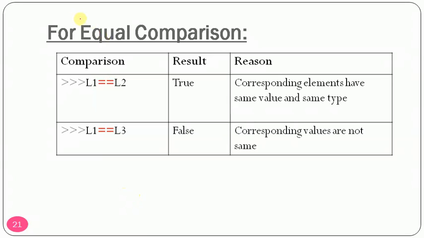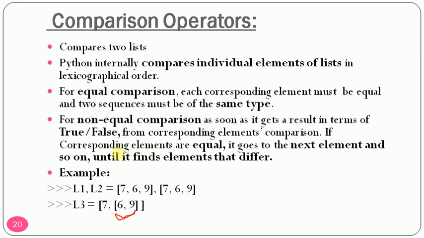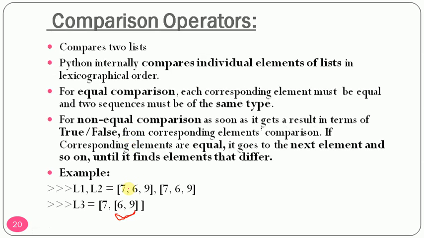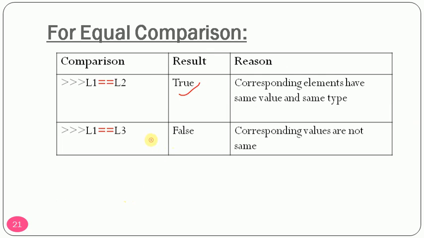Now let's have a look at the comparison operators. Equal comparison, L1 equal to L2. So we are checking element by element. L1 is 7, 6, 9, L2 is also 7, 6, 9. So when we compare these two, this will generate True. And when we compare L1 and L3, L1 is 7, 6, 9, but L3 has 6 and 9 as another list. So this will generate False here.